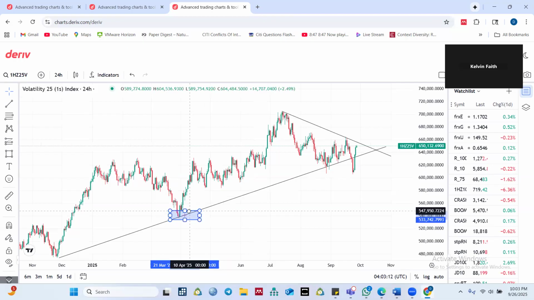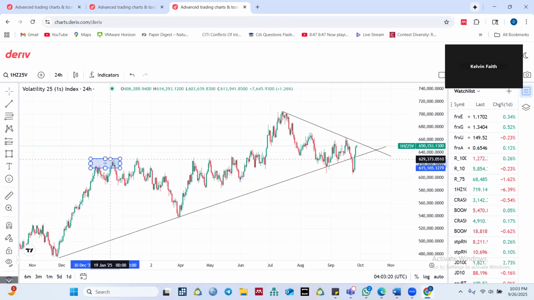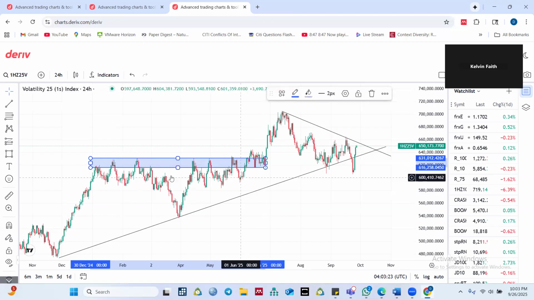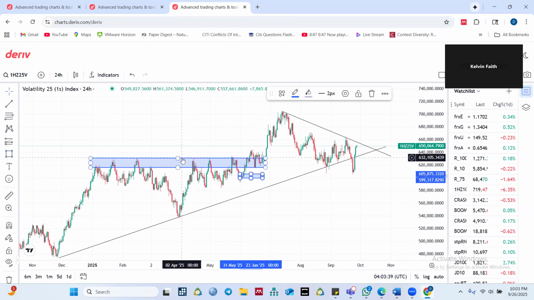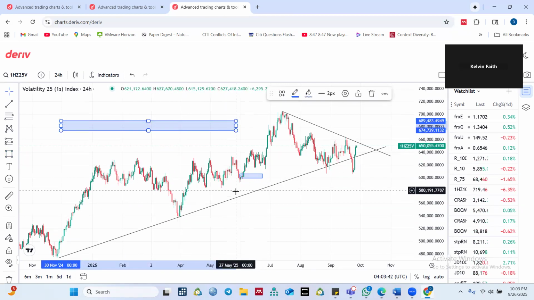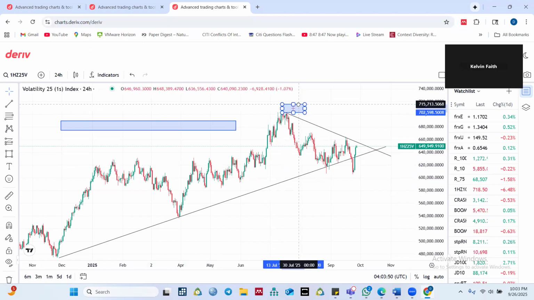This is the last swing low, because this low gave this high that broke this consolidation. It is this price that gave this high here, though it pulled back into here, and then it gave that high.